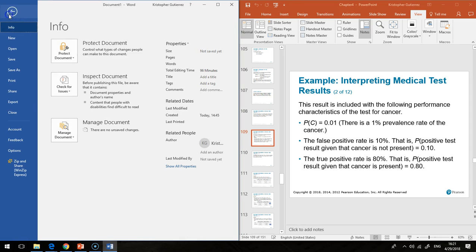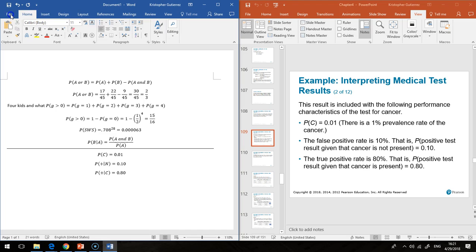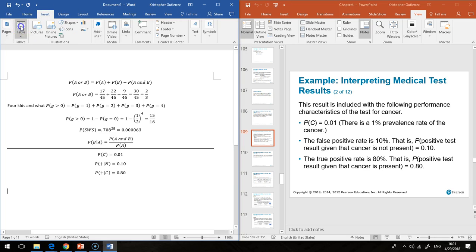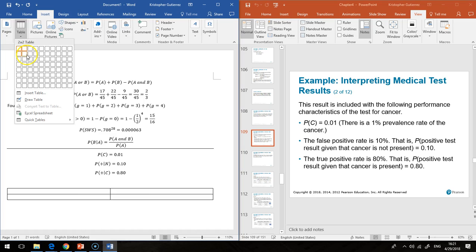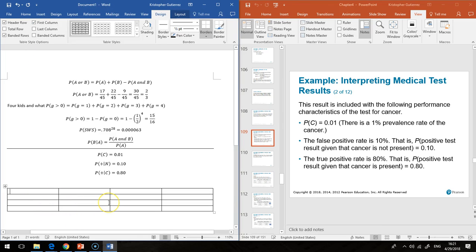So we're going to look at a table. All right, so how do they do it? With cancer, you can either have a positive or a negative, or you have no cancer.